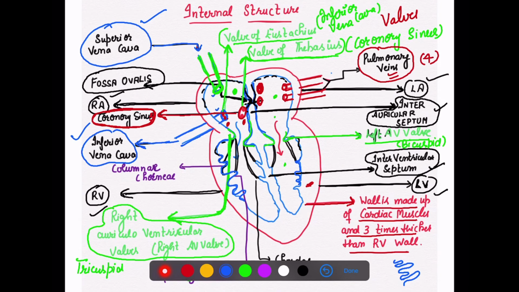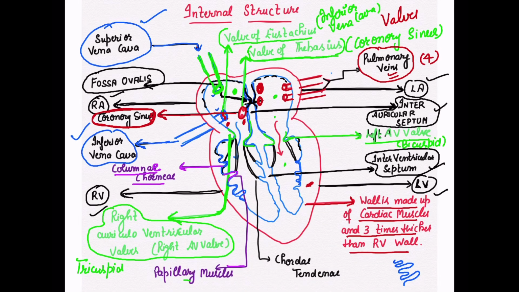The smaller ones are known as columnae cornae. And the bigger ones you have made are known as papillary muscles.